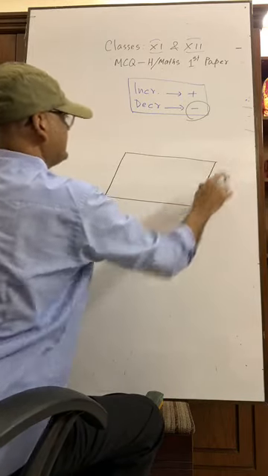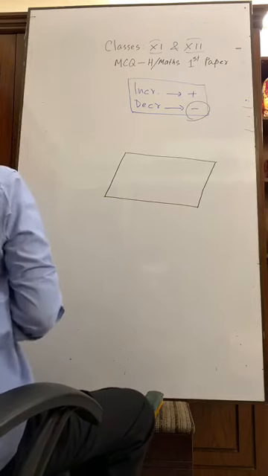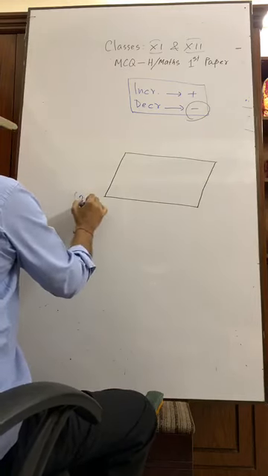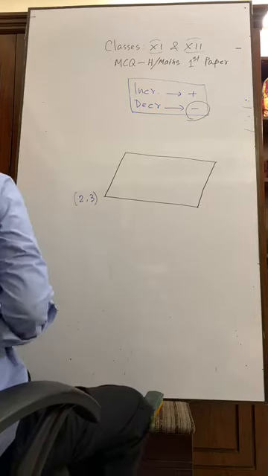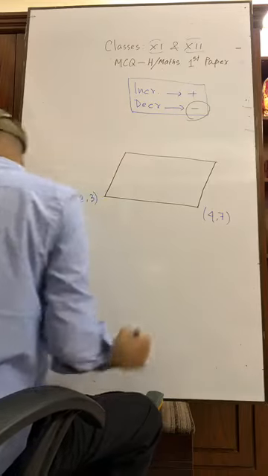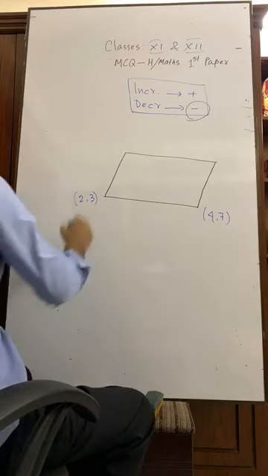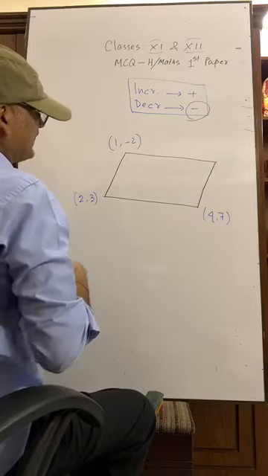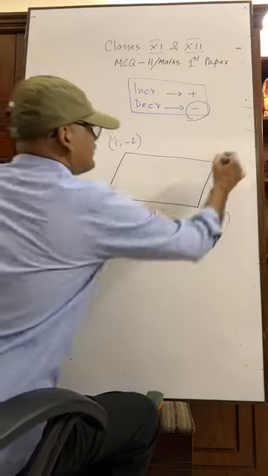The coordinates are given as 2, 3, 4, 7, and 1, minus 2. We have to determine the fourth vertex.